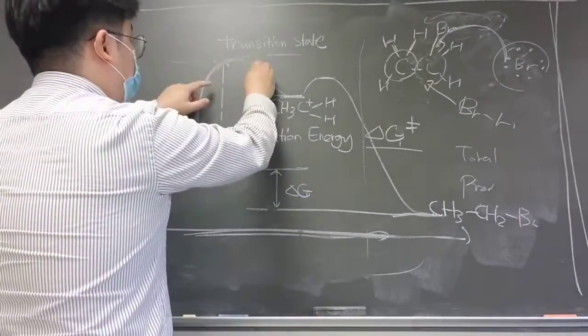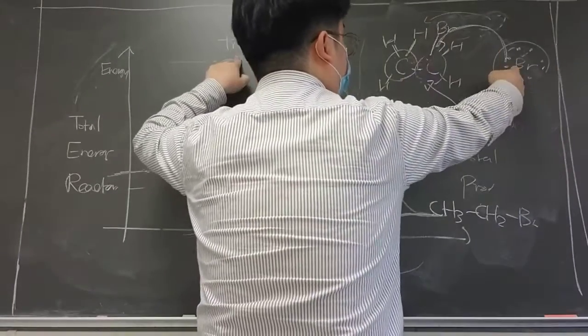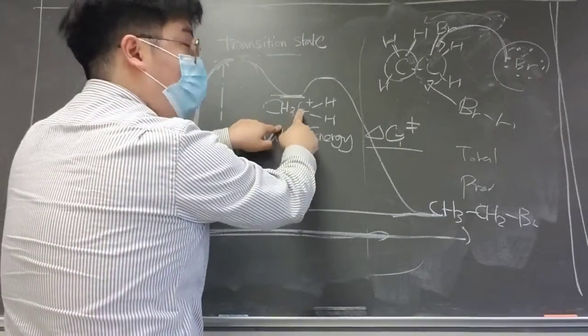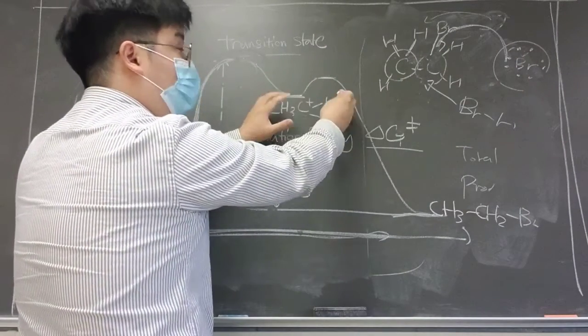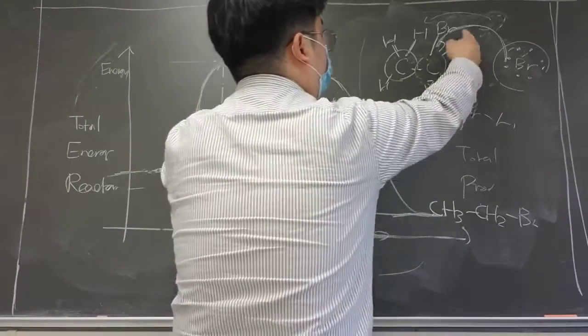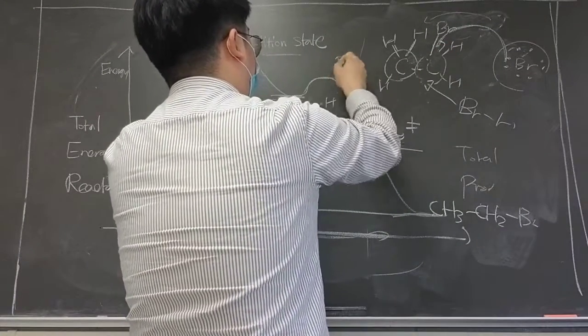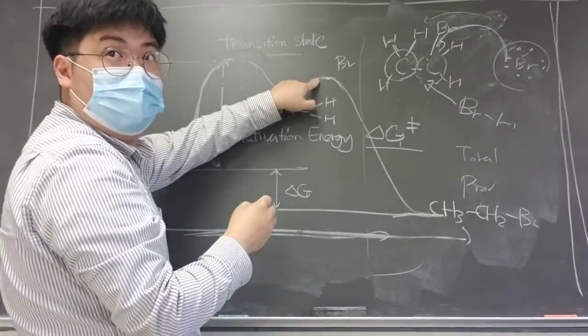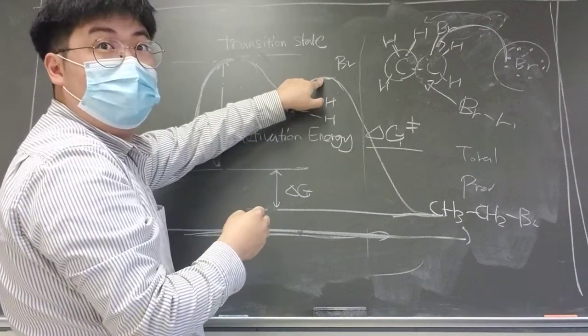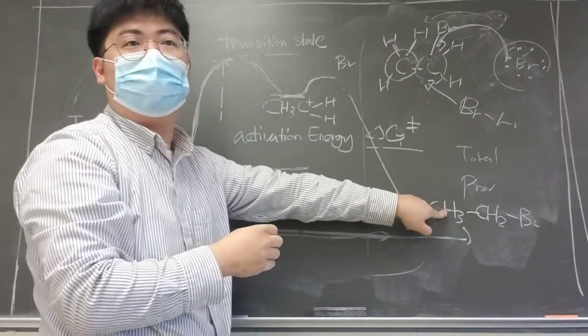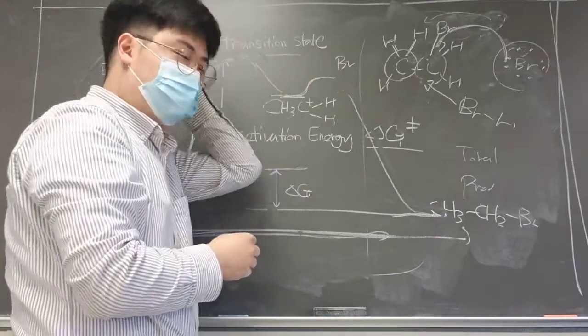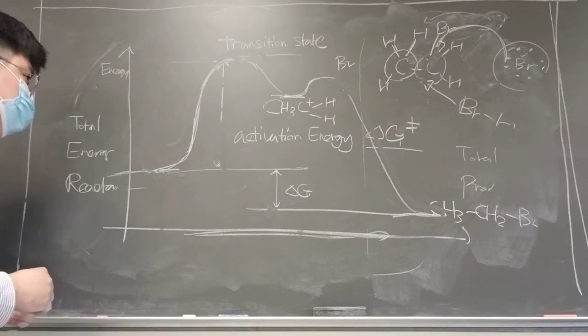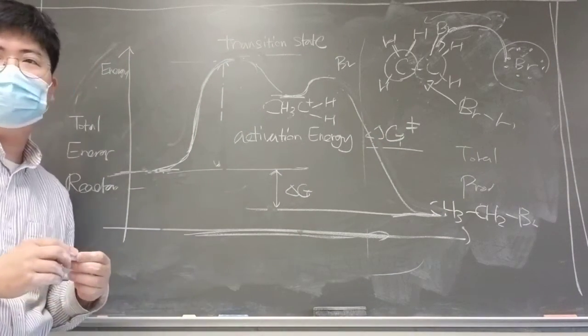Once they go over the transition state, semi-bonding to hydrogen, now it's done. But you have the intermediate, and they go over another one with the bonding to the bromine. So it's kind of semi-bonding too. So this is the second transition state over here, and it goes to the final product over here. Okay? Kind of makes sense.